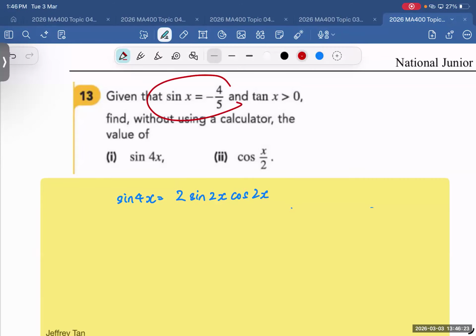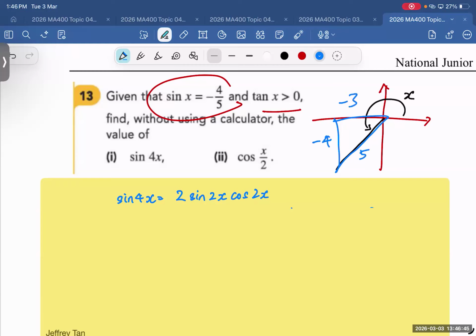From here, if sine x is negative and tangent x is positive, what quadrant are we talking about? 3. So I draw the quadrant now. This is x. So now in third you see, this is negative 4, this is 5, this is negative 3. Okay, so from here, sine x is negative 4 over 5.